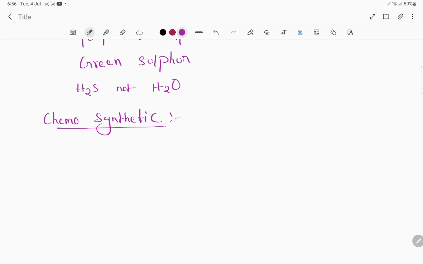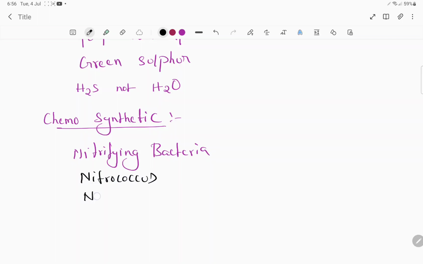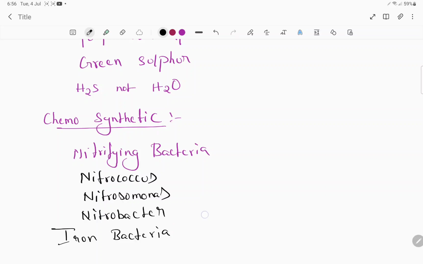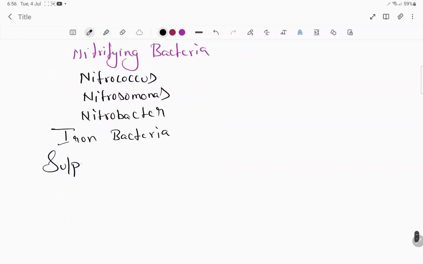For example, we have the nitrifying bacteria such as Nitrococcus, Nitrosomonas, Nitrobacter. We have the iron bacteria and sulfur oxidizing bacteria.